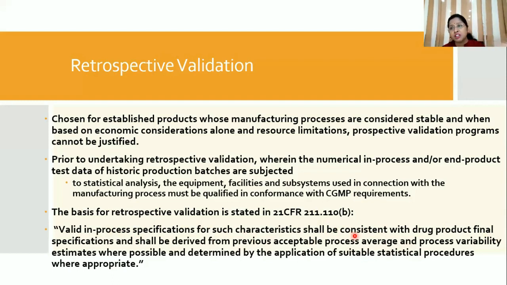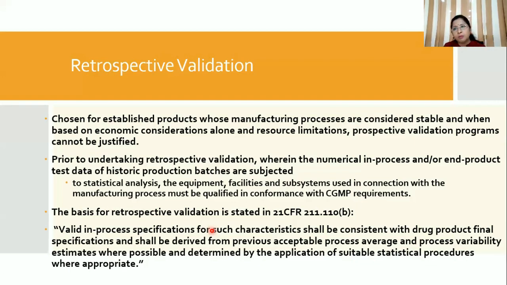So it is from the previous batches, and where possible determined by the application of suitable statistical procedures where appropriate. So with the help of statistics, we can take the data. Like we already have the data for 10 batches with us, and from the same data, by applying statistics, we are finalizing our process.